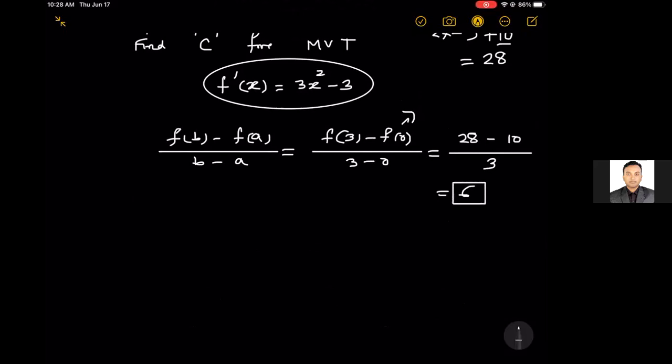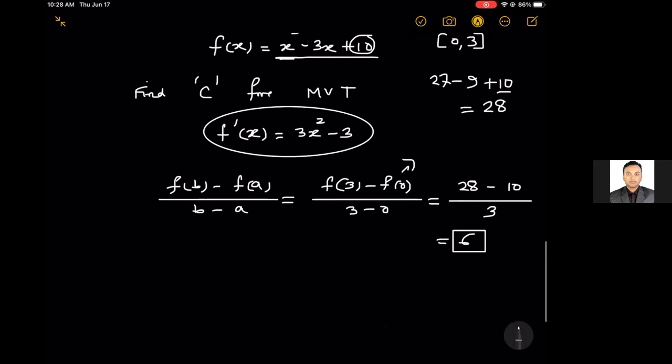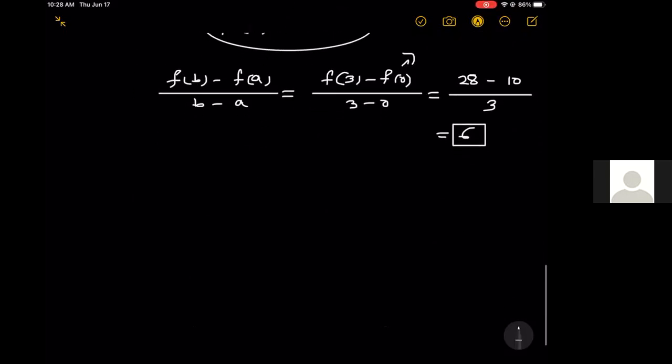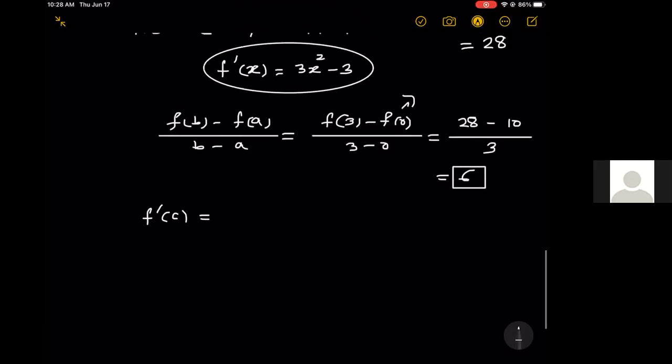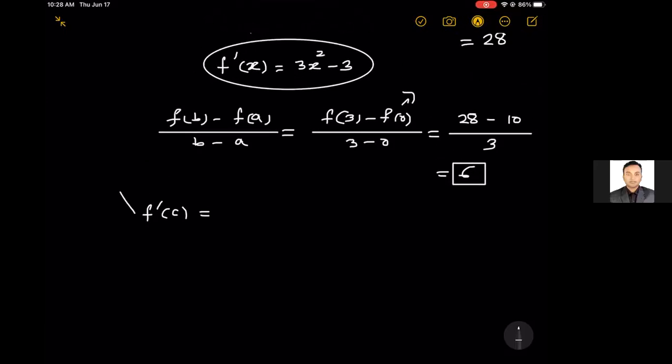Okay, now what's next? Someone else. What should we do next? You're going to put the 3c squared minus 3 equal to 6 and solve. So I guess this should be written here so that you don't make a mistake.